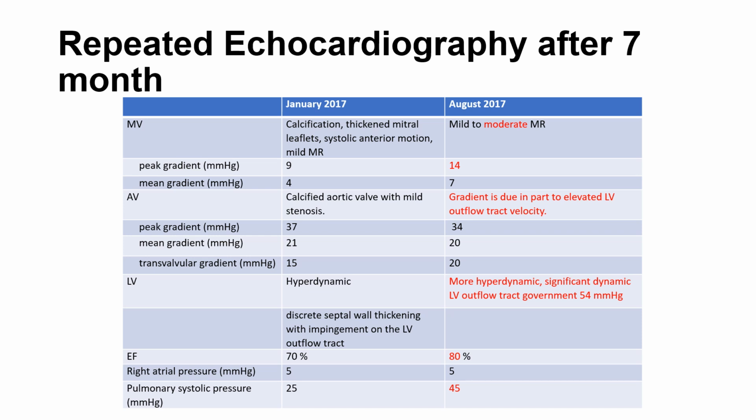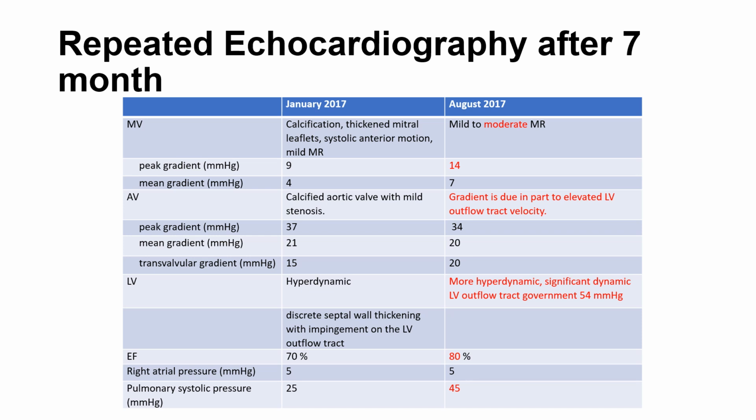This patient had a repeat transthoracic echo done after 7 months, and we see some changes. On the mitral valve, there was an increase from mild mitral regurgitation to moderate mitral regurgitation. Also, the peak gradient increased from 9 to 14.